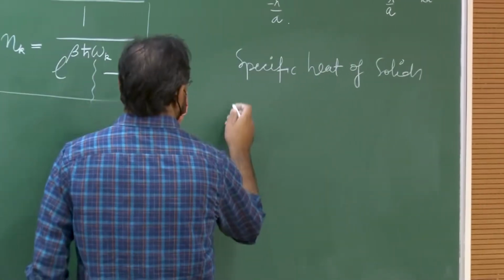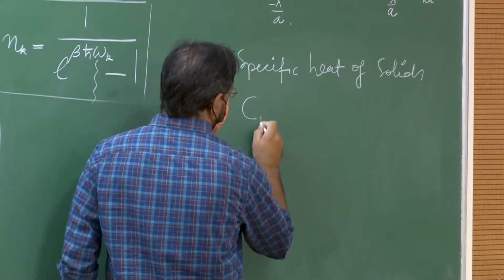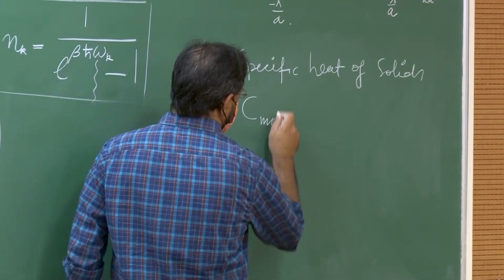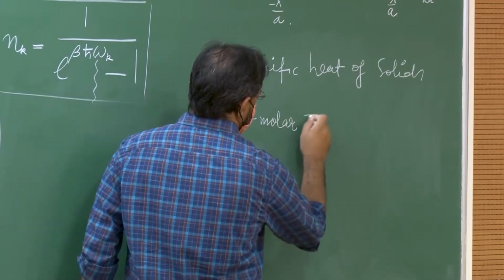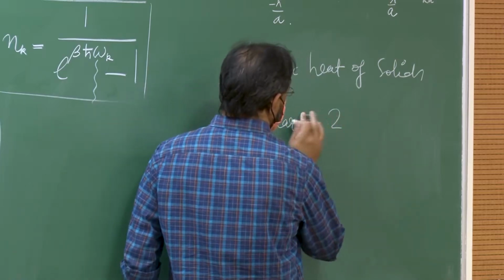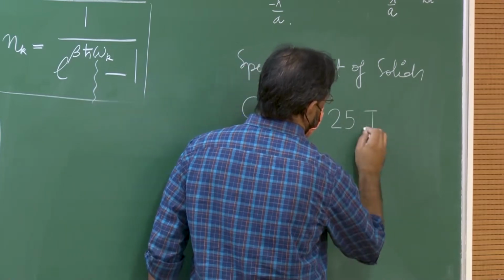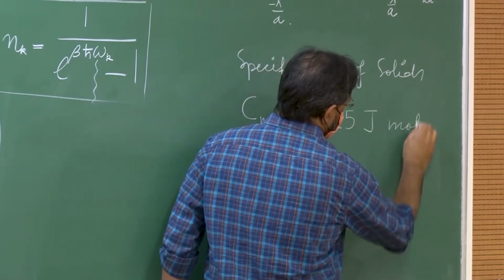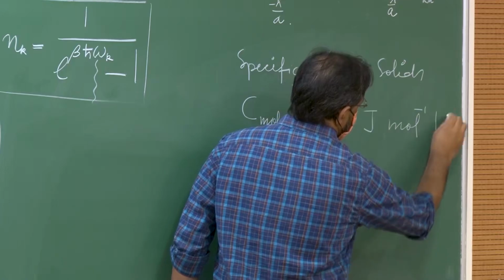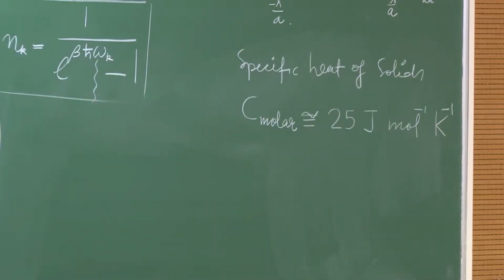So, they said that the molar specific heat C should always be close to 25 joules per mole Kelvin. This is known as the Dulong-Petit law.